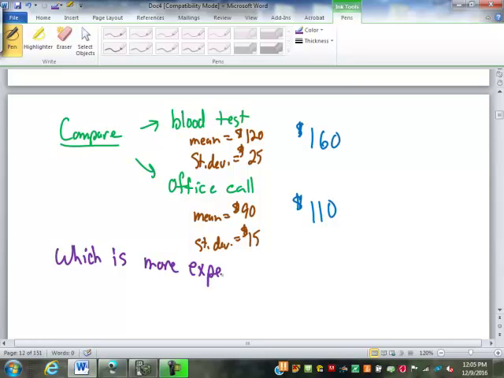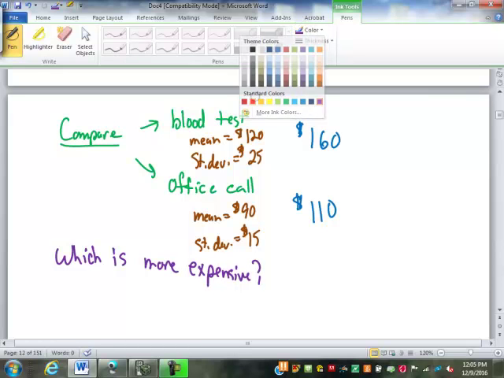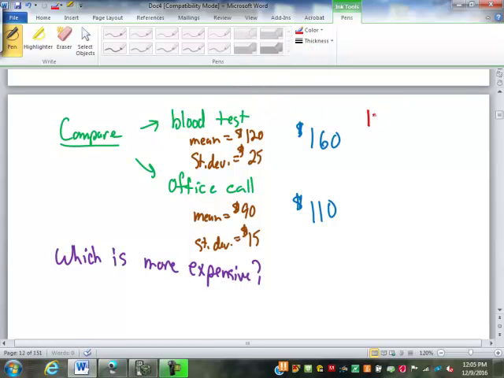Or more expensive if you want to look at it that way? Well, for the blood test, it's 160 is the value minus the mean of 120 divided by a standard deviation of 25. So it's 40 over 25 or 1.6. So the cost of a blood test is 1.6 standard deviations above the national average.